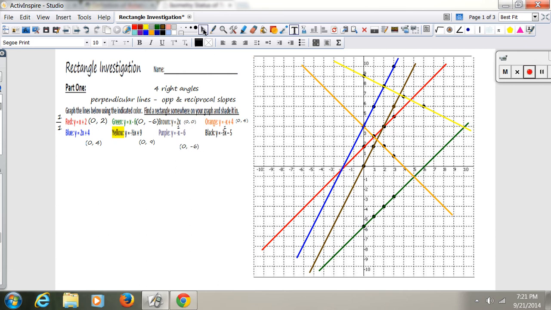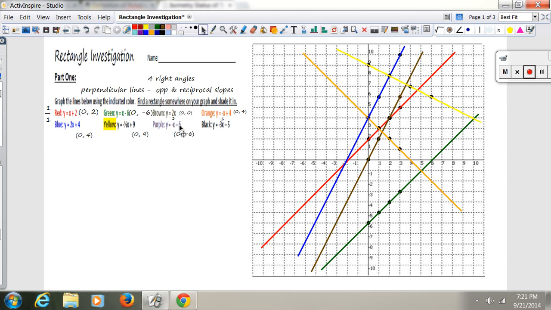That's going to be our free point, 0, -6, because it ends in a -6. Now it's a -1 slope, just like this one was -1, the orange. So it's -1/1, so it's going to be the same direction as orange. Purple and orange both have a -x. They both have a -1 slope. So I need to grab a point.